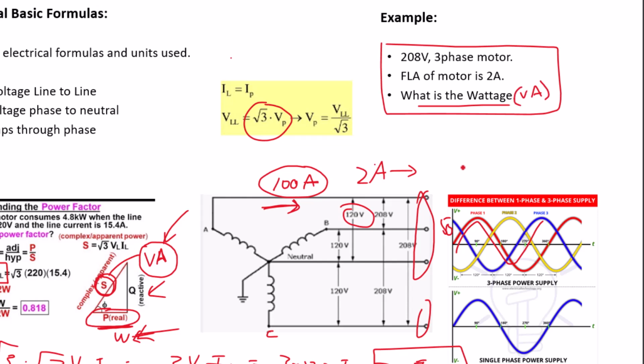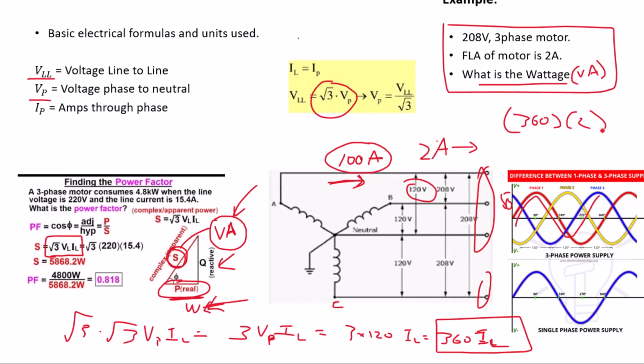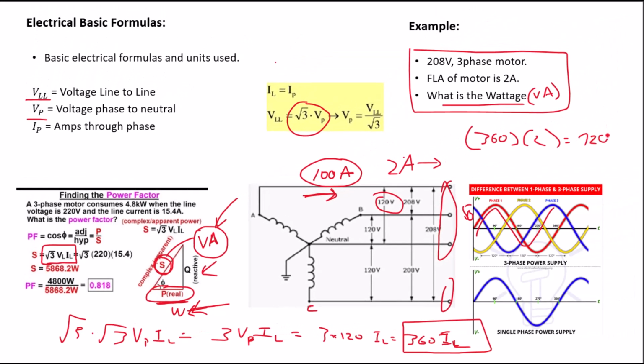We want to get the actual current that's flowing through the line, which is the apparent power, or the VA. So to get that, we basically take 360 times the current of 2. That comes out to 720 VA, and this is the apparent power.